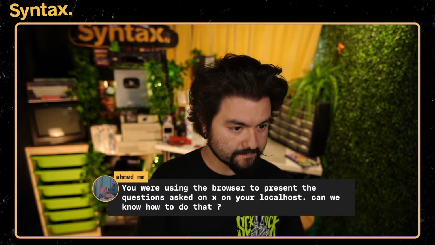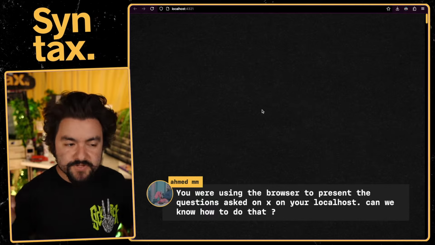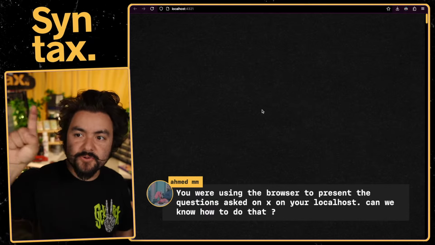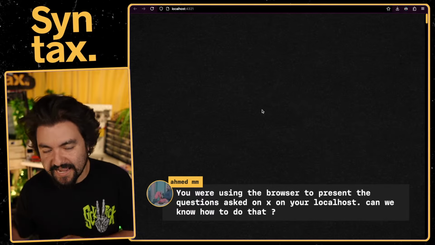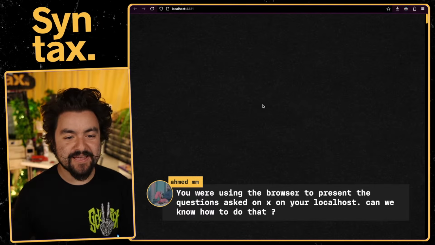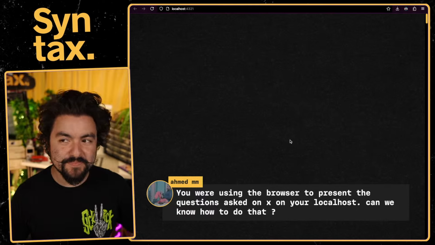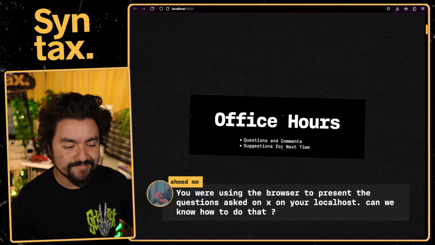So it's just a little Astro app, and then I wrote some code that would pull in all the comments for a given video from YouTube, and then allow me to go and check the ones that I wanted, and then it exported that as JSON, and then I put the JSON file into this app, which just iterates over them. It was a pretty manual process, but I was okay with it.